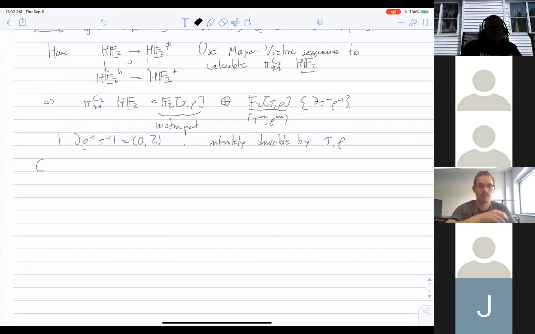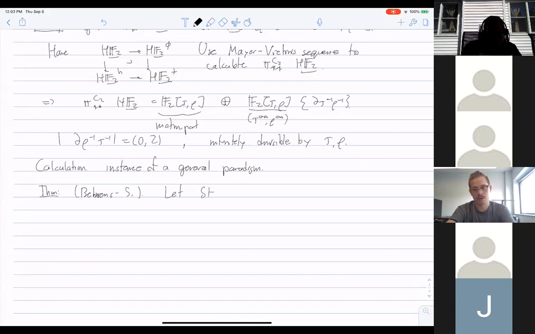Now, this calculation here is an instance of a general paradigm. Let me now state the main theorem of our work. Let SH cell of R be the infinity category of cellular real motivic spectra.